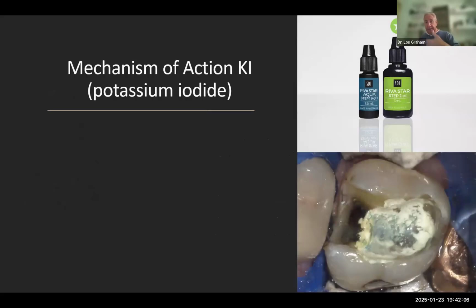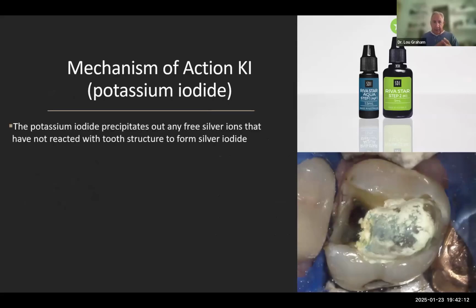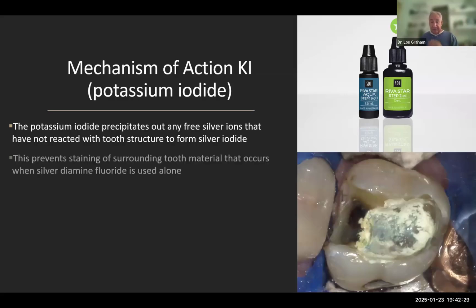Now, the potassium iodide, as you can see in this picture, and I'll show you this case in a few minutes, is the opaque color. What you have to understand is that the potassium iodide precipitates out any of the free silver ions that have not really reacted with the tooth structure. And when they form with the tooth structure, you're looking at silver iodide.